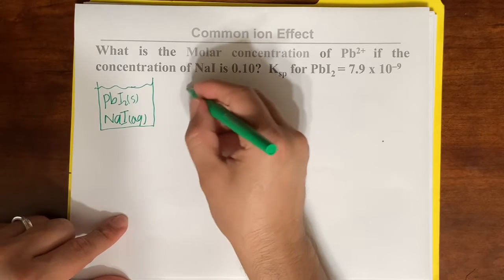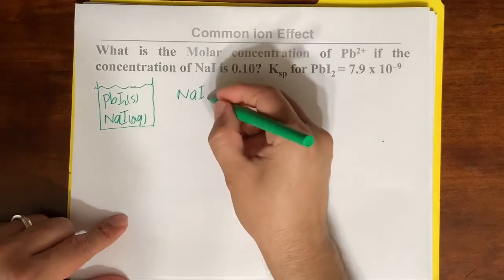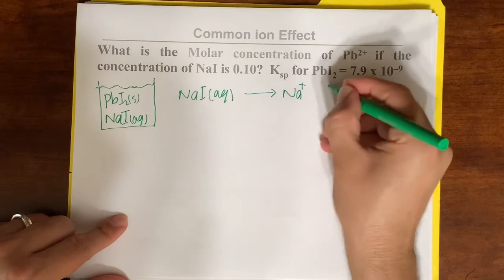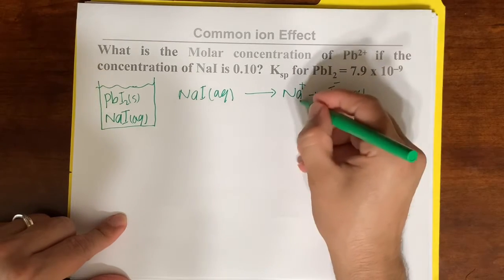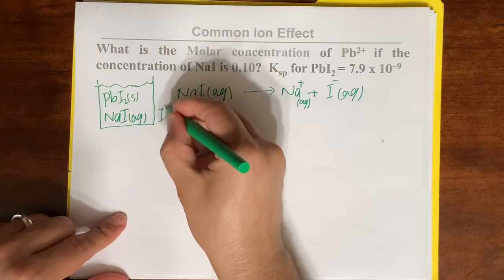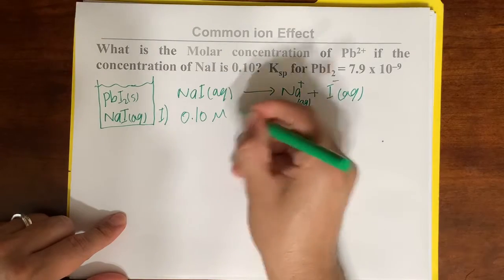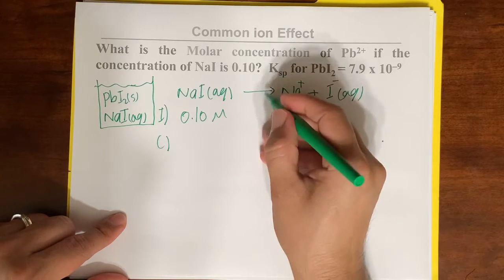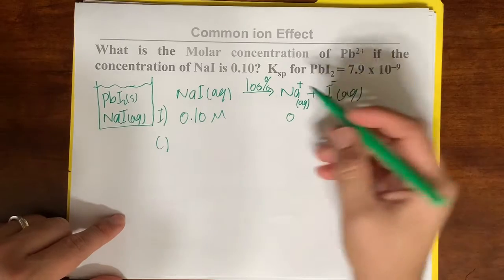Sodium iodide is 100% soluble. It will generate sodium and iodide. So the initial concentration for sodium iodide is 0.10 molar, and this one is 0, that one is 0. Change: it will be 100% conversion. How do I know? Because I don't have the Ksp or K for it.